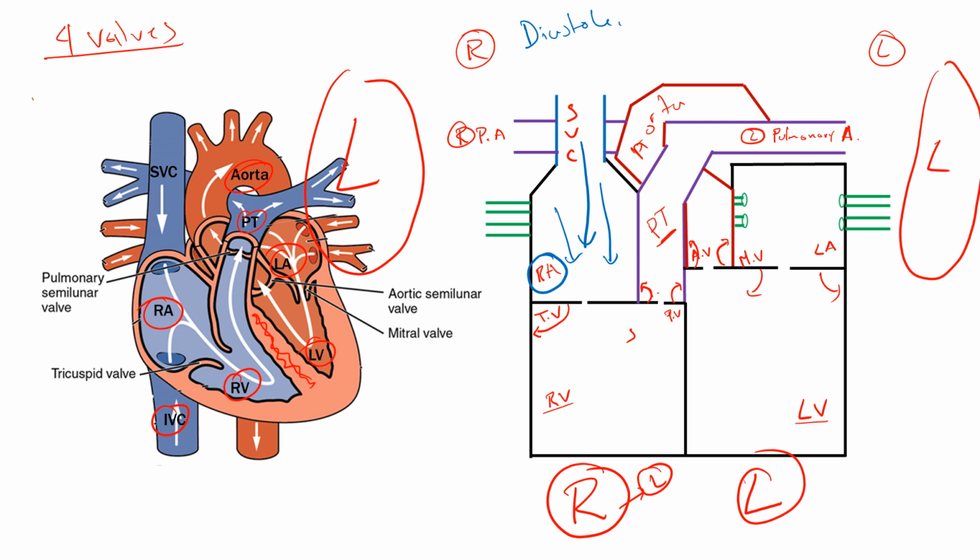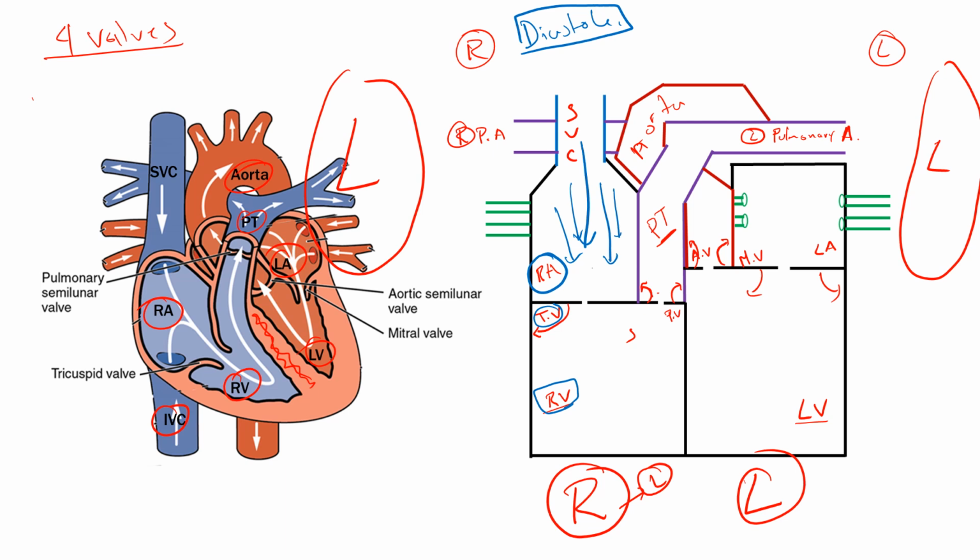During diastole, this tricuspid valve will be open because of two reasons. Because the right ventricle is not contracting, meaning it is relaxed. The pressure here is low, and because the blood is flowing through the atria, the pressure in the atria is greater.